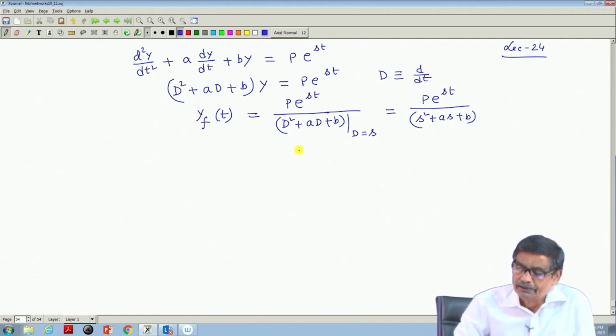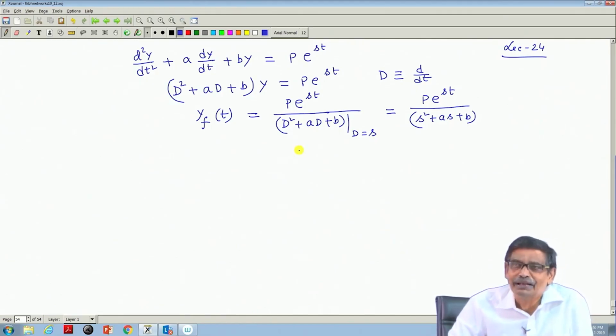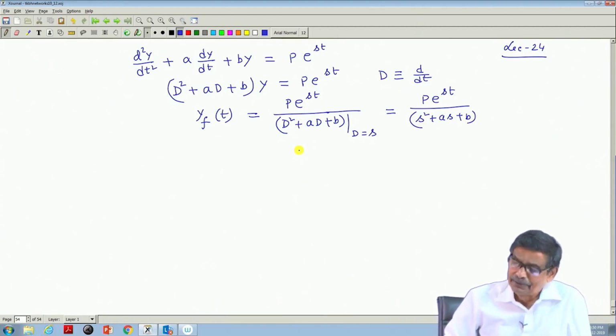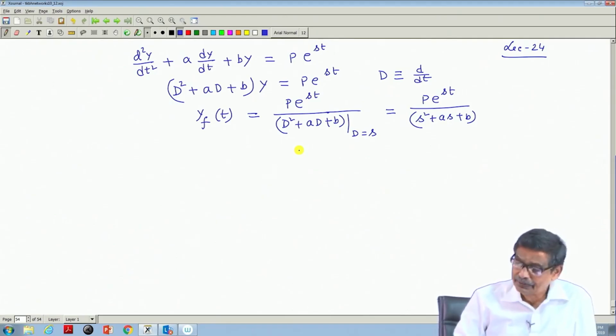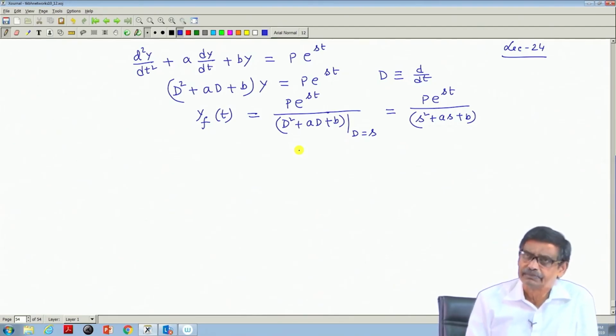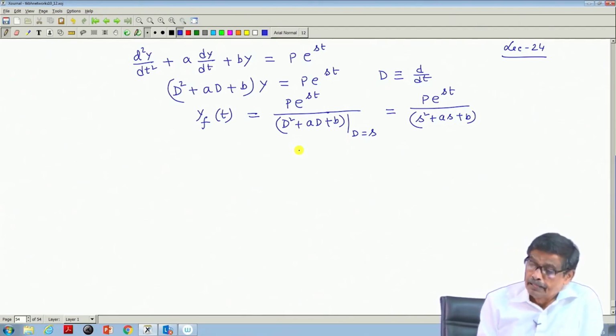It may so happen that this will give rise to 0, then you will be in trouble. Then you have to integrate, or the way I told, you have to solve the problem. Got the point? So, except at the conditions when the denominator does not vanish when you put D equal to s, but in most of the cases it will not, and it is a very handy tool to find out the solution.